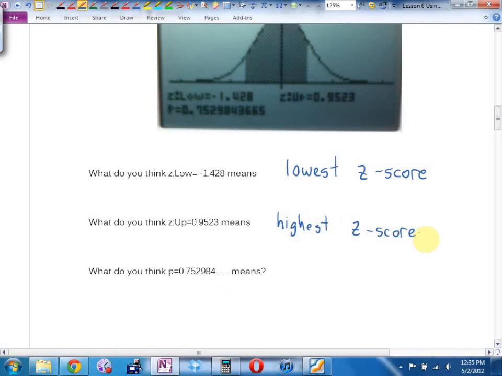The highest Z score. What do you think this means? The probability that we are between 28.5 and it was 38.5 was the other one, right? It's the area.